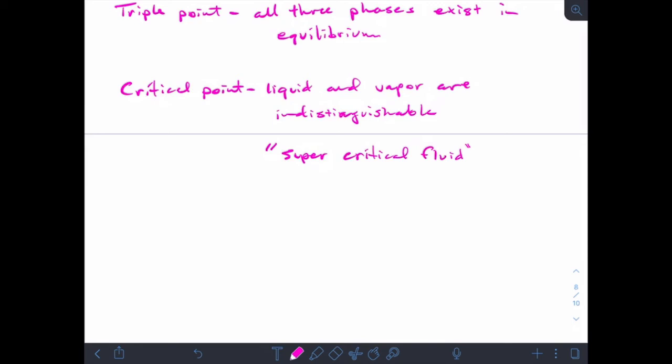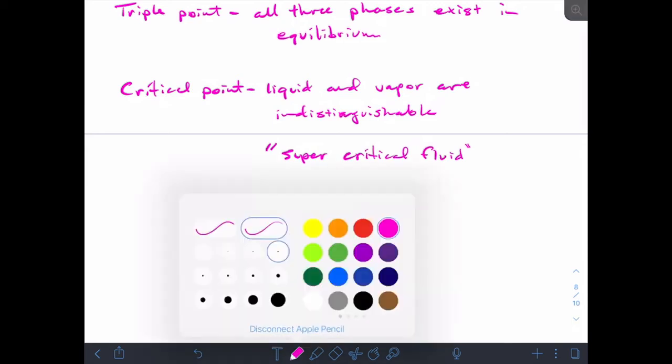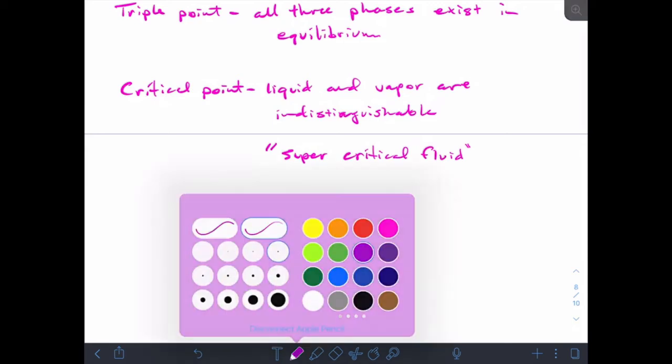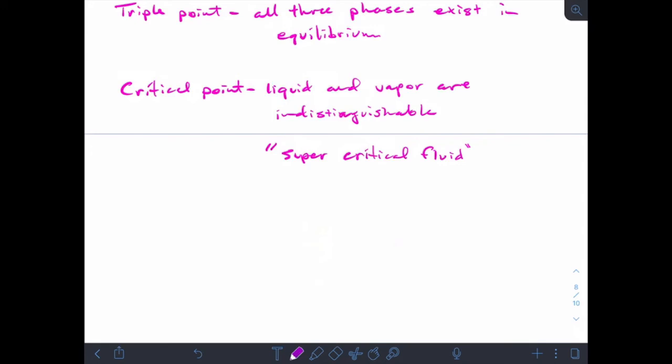Now let's talk about transitions. Okay, and I'm going to get away from this wonderful color. Let's do something slightly more tame.